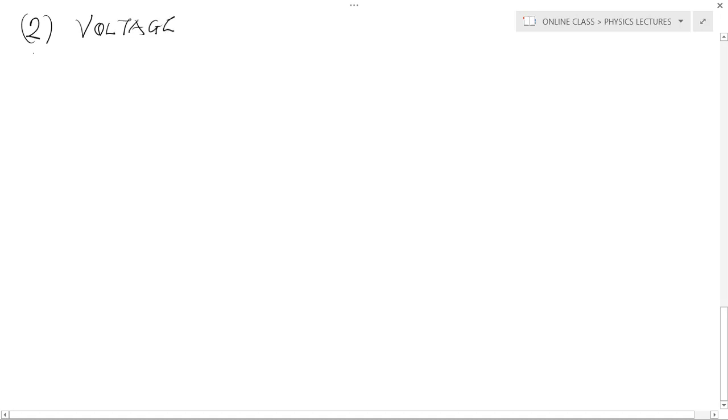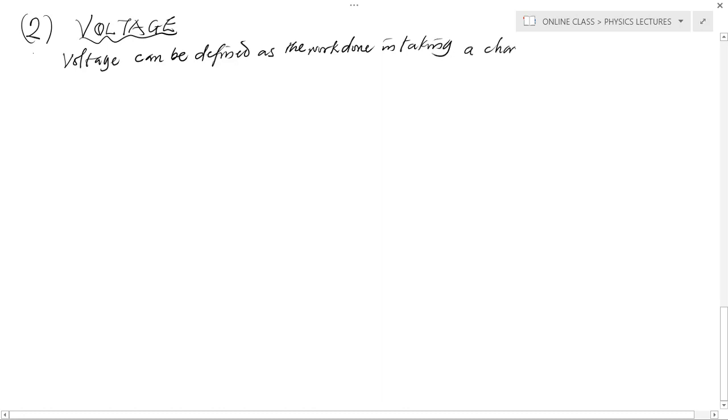Voltage can be defined as the work done in taking a charge through a circuit.